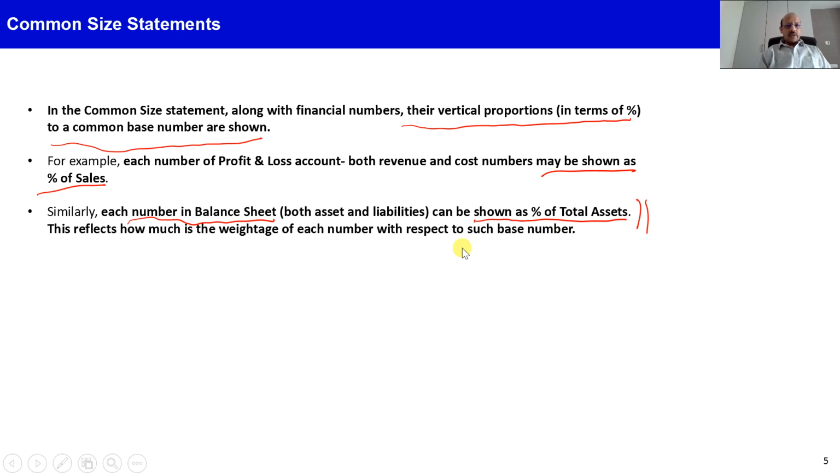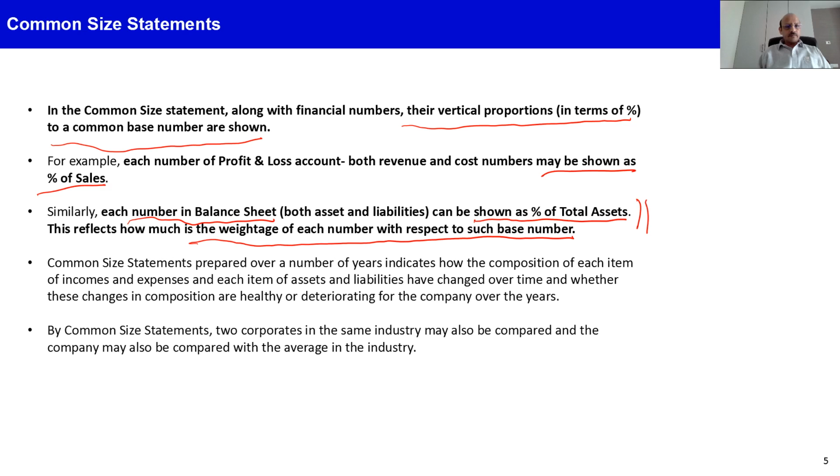So this will reflect how the weightage of each number is changing with respect to such base number over a period of time. When we prepare the common size statements over a number of years, it will indicate how the composition of each item of income and expenditure, or the assets and liabilities, has been changing over a period of time with respect to a particular base number.